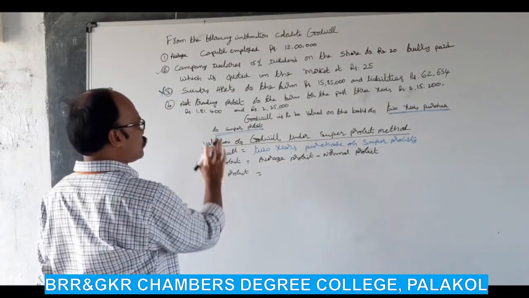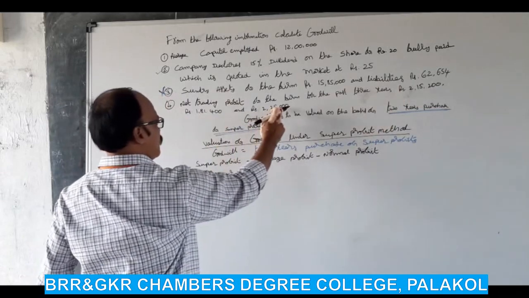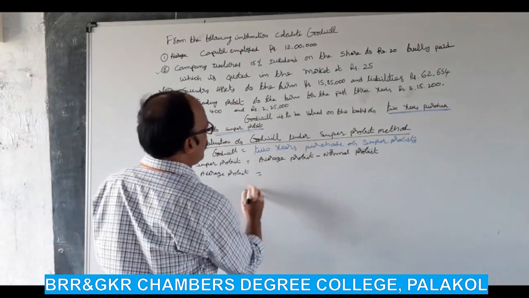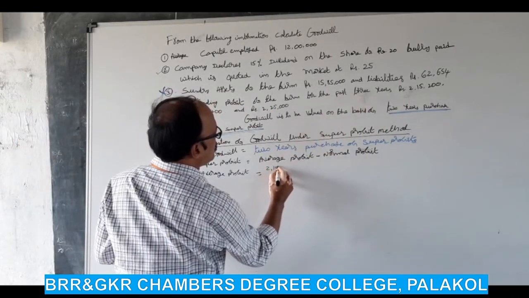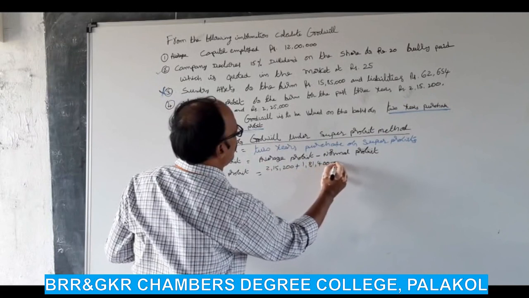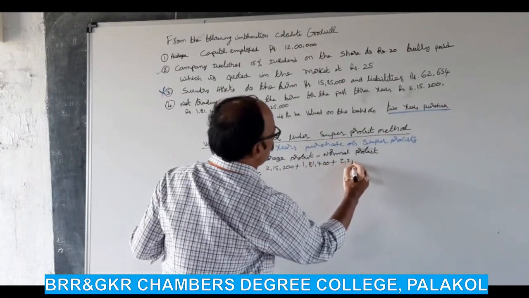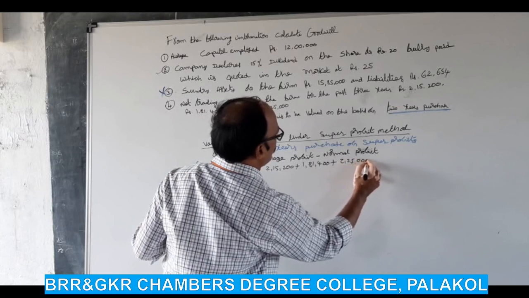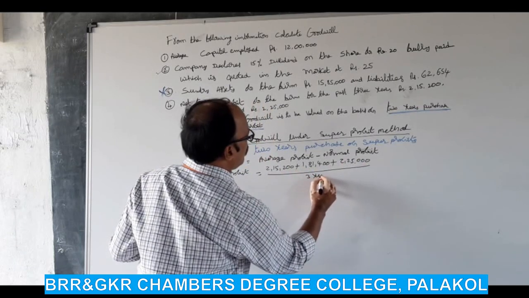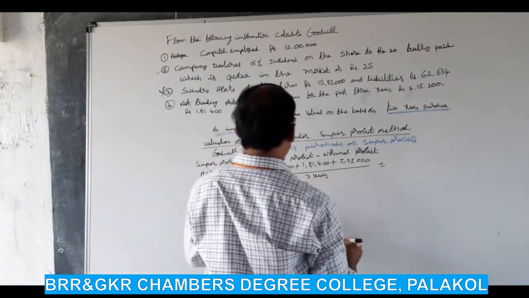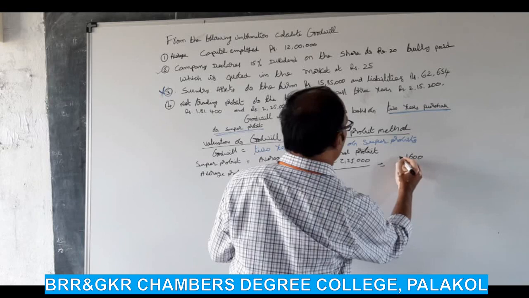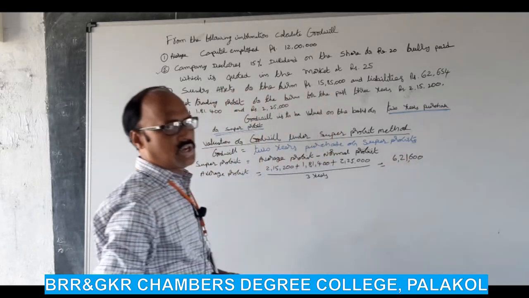That is, first year profit 2,15,200 plus 1,81,400 plus 2,25,000, divided by number of years, 3.